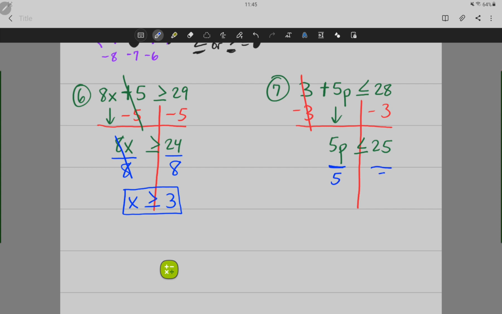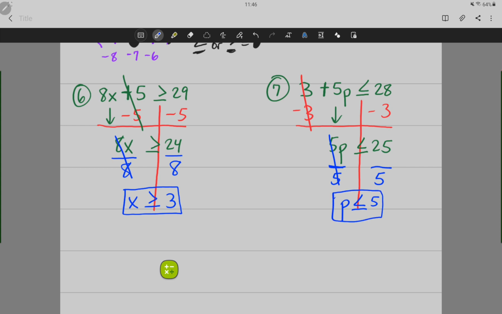Divide both sides by 5 because that's the coefficient or the number in front of our variable p that we want to get rid of. 5 divided by itself is 1, so we cancel that out. Bring down our variable p and our symbol less than or equal to, and 25 divided by 5 will give us 5.